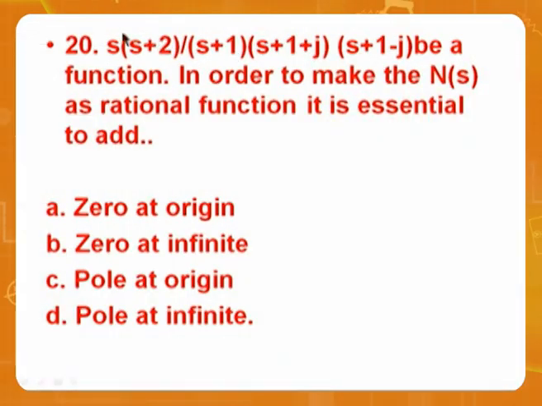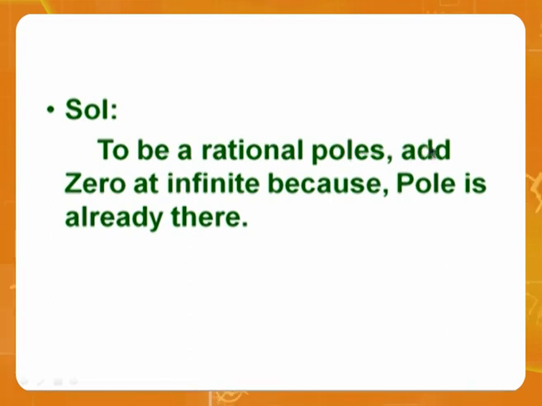So what exactly I mean is, he has given S into S plus 1, these are complex numbers. So what should I add to make it rational? Let's see the problem. To be rational, add a pole.